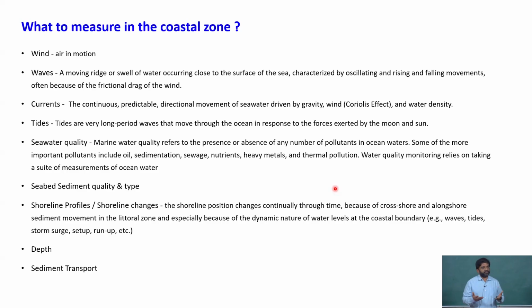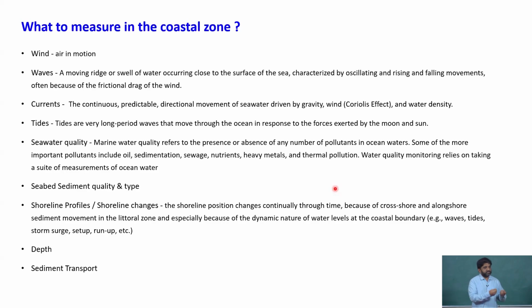So for measurements we can measure the wind. We have anemometers which we can place, we can understand wind speeds. We have waves, we can check how much wave height we are getting, we can measure. We can measure currents, you know, any difference causes currents, so we can measure currents. We can measure tides. What we have seen, we can actually enumerate it with numbers, that the tide rises this much.